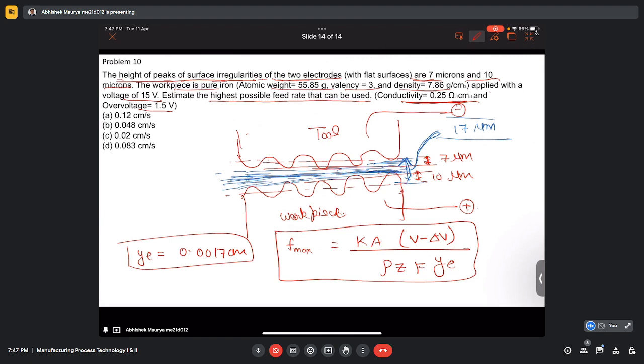Let's note down the values. In this relation, K is the conductivity of the electrolyte, which is given as 0.25 ohm inverse centimeter inverse. A is the atomic weight, that is 55.85 gram.